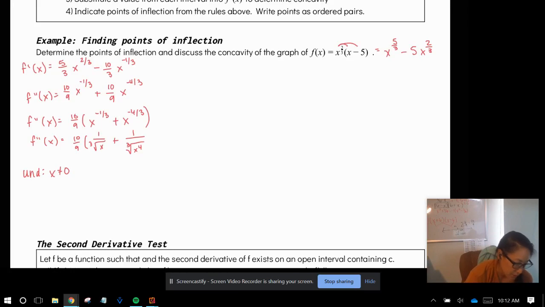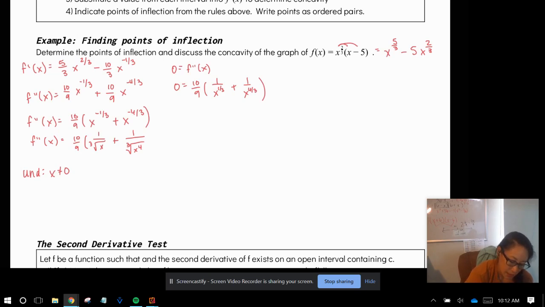And then let's get our other critical numbers by setting f double prime of x equal to 0. So I have 0 is equal to 10 over 9 times 1 over x to the 1/3, I'm going to write these back as rational exponents, plus 1 over x to the 4/3.